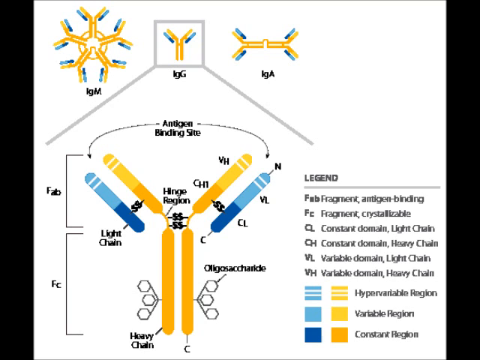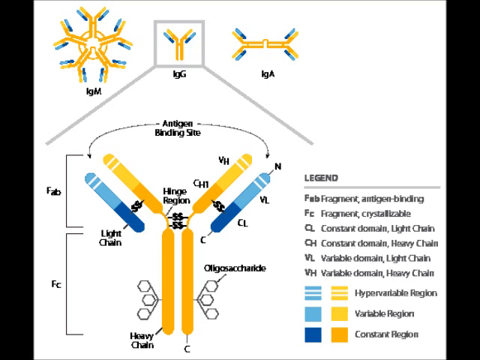There are 5 types of heavy chains, denoted by alpha, delta, epsilon, gamma, and mu.